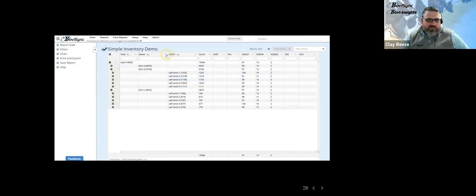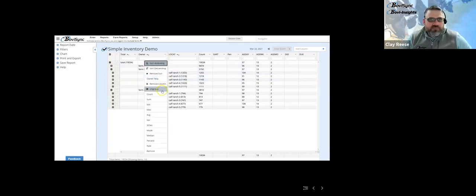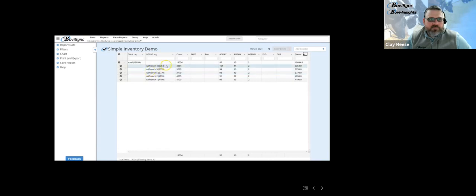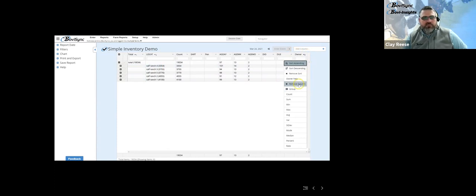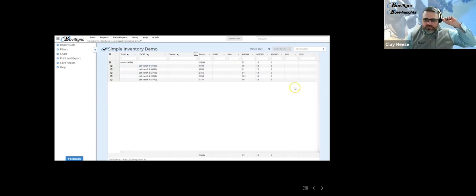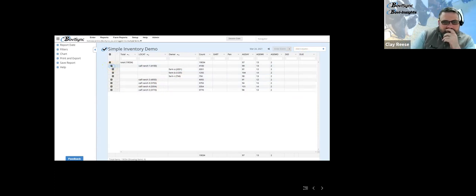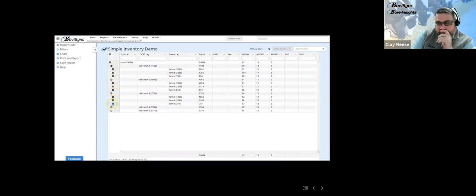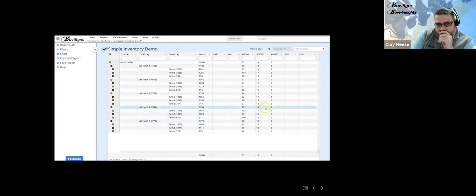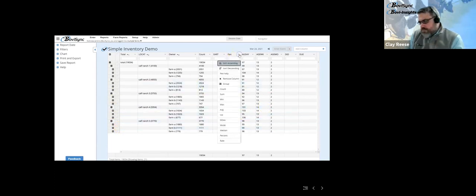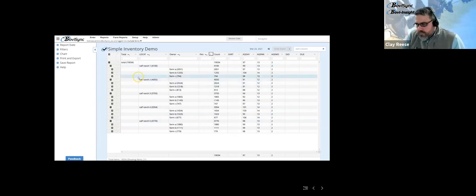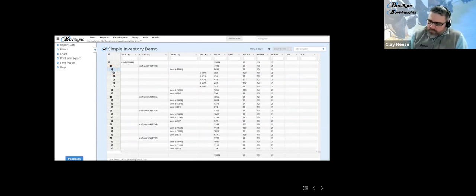If we wanted to look at it the other way around, all we would need to do is ungroup owner, and now we're looking at everything by location, and then we can regroup owner, and now we can see the number of animals by location that are owned by each owner. We can go deeper yet if we wanted to see the pens that each of these animals are in.